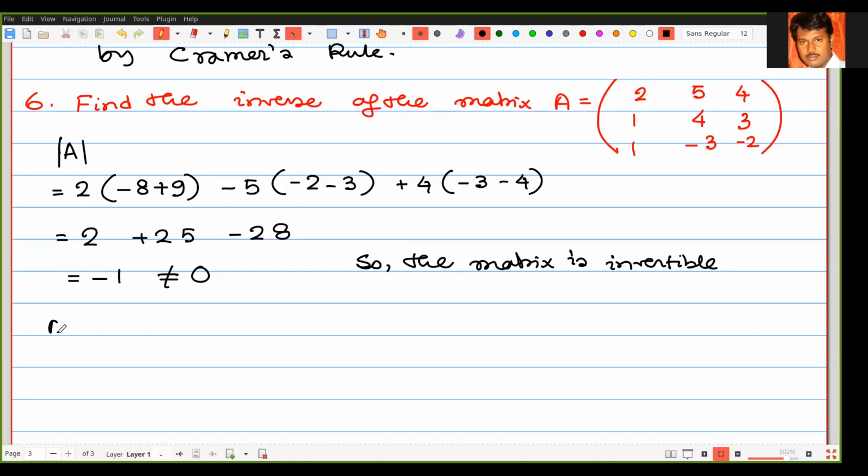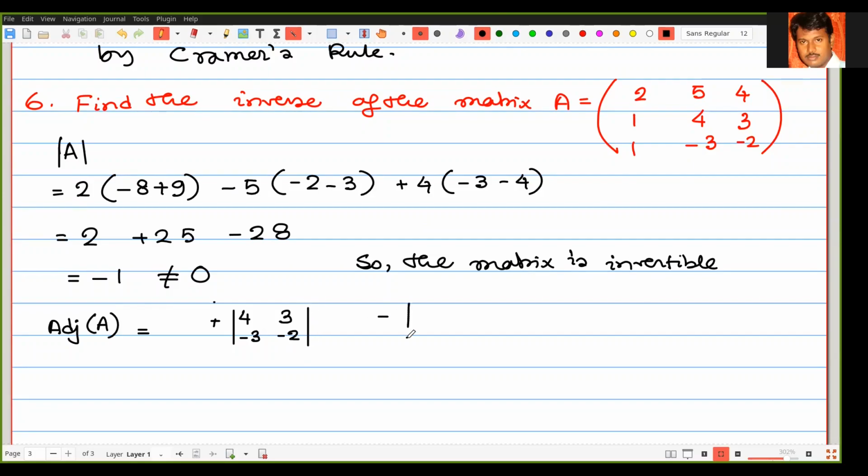So here the adjoint of A. I am writing the very first one, that is plus of 4, 3, -3, -2.